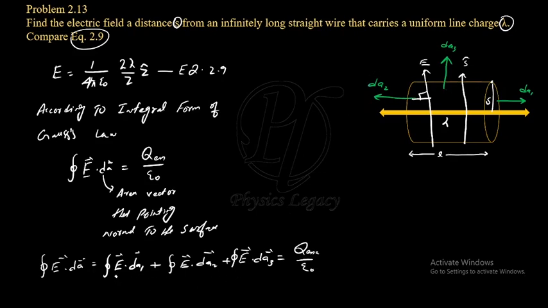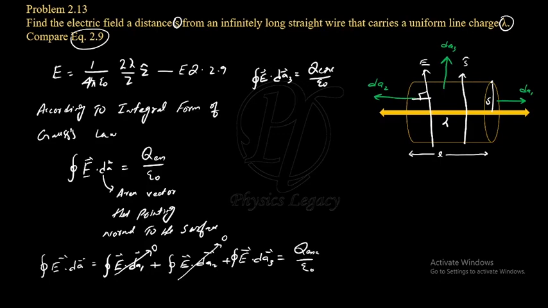We have only the E field contribution due to area vector dA3, or due to this curved surface only. So this expression reduces to the closed integral of E dot dA3 is equal to Q enclosed over epsilon naught.